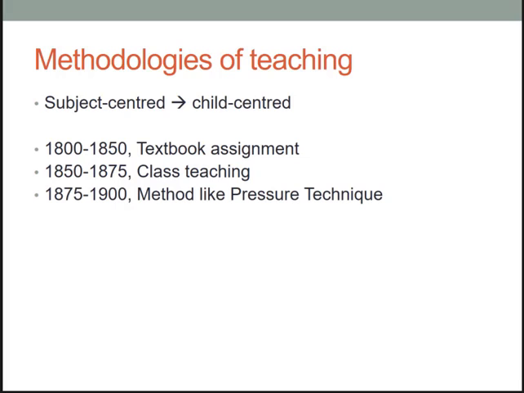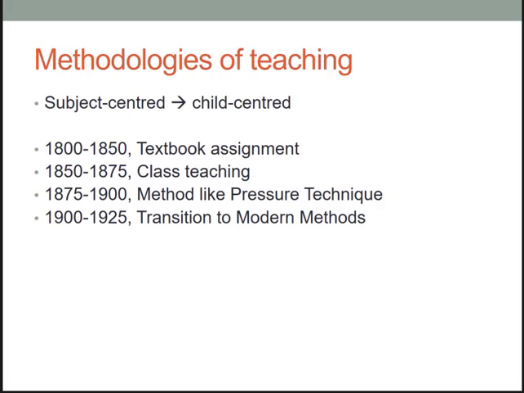From 1875 to 1900, there were different techniques like the pressure technique, which was a way of expecting children to learn by testing, placing them under pressure to answer questions quickly and spontaneously.